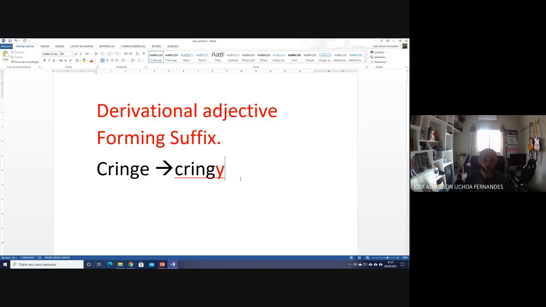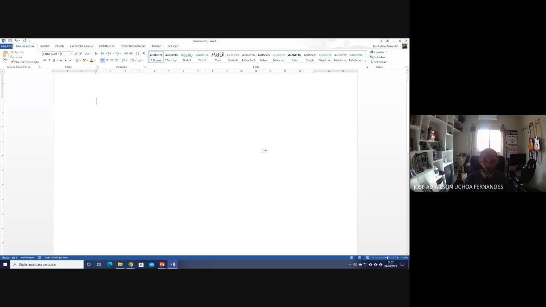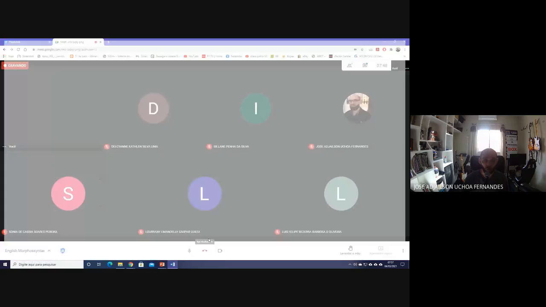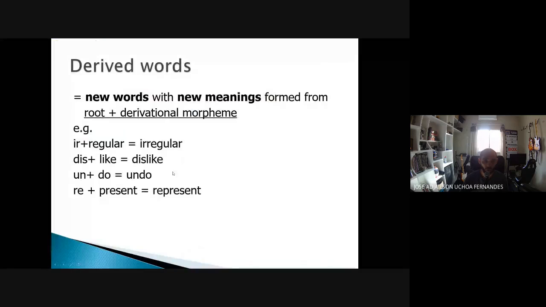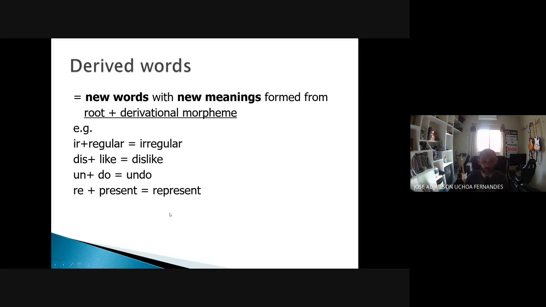Okay, we are going to explore these suffixes with some exercises. Okay, never mind about this. Don't worry. For now, I want you to keep looking at other ways of forming words. Okay, so we have the derived ones.